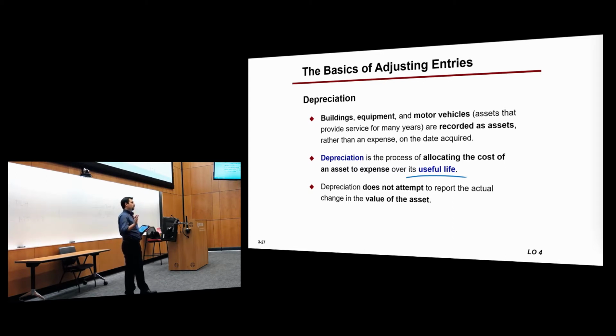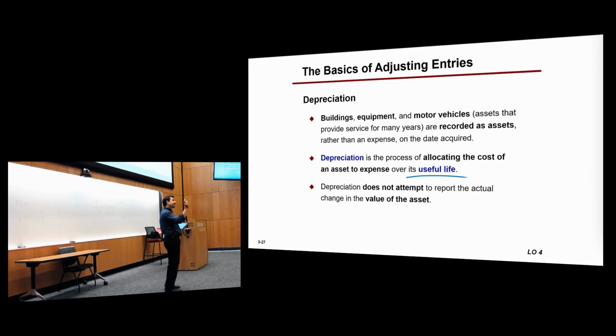You bought a truck for $100,000, you expect it to work for 5 years, so those $100,000 must be split over the 5 years. How we split them, we will learn later on, but the simplest way is to divide it by the year. So every year you have an expense for that truck of $20,000. Okay?